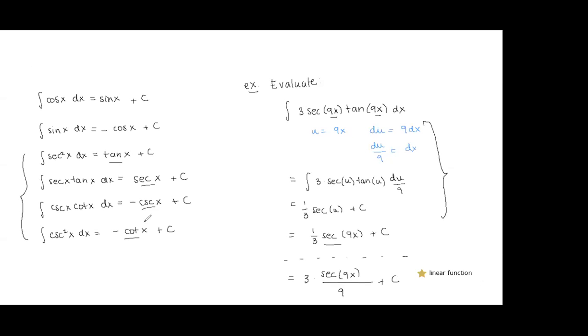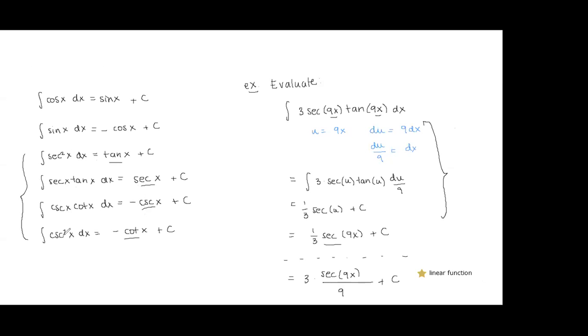I think in the last class that we had, what we did is evaluate the antiderivative of tangent of x dx. I'm going to just reproduce this here for those of you that weren't in class. So basically, what we want to do is find the antiderivative of the function tangent of x, except of course, we are assuming that we only know these six antiderivatives here.